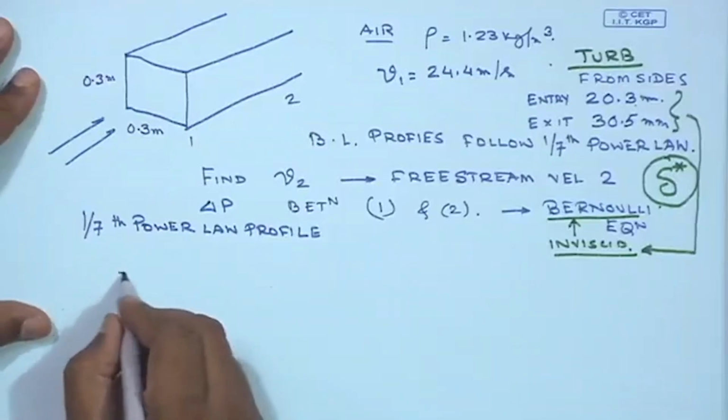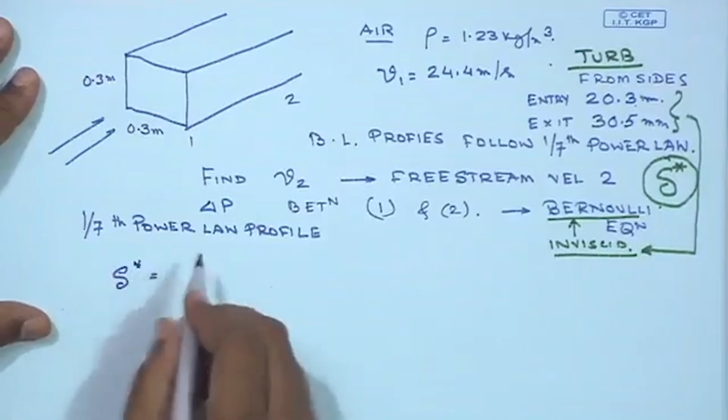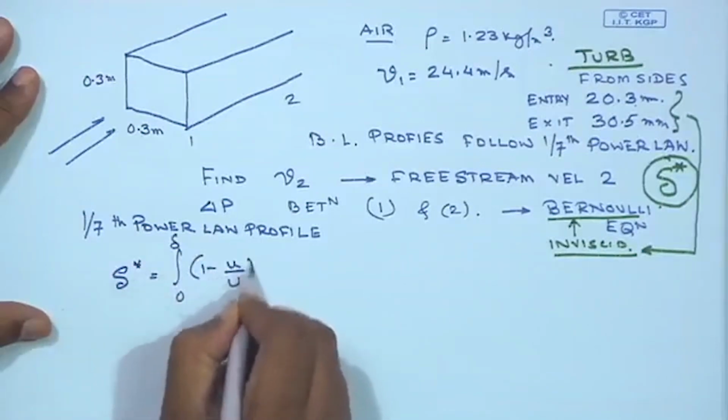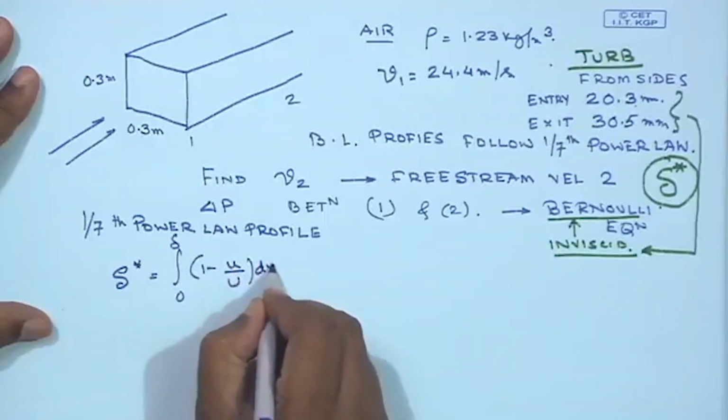So, first thing one needs to do is find the expression of displacement thickness, and the value of displacement thickness if 1/7 power law is valid. So, that is what I am going to do in here. The 1/7 power law profile would simply give you delta star equal to the integral from 0 to delta of (1 minus u by U) dy, by definition.